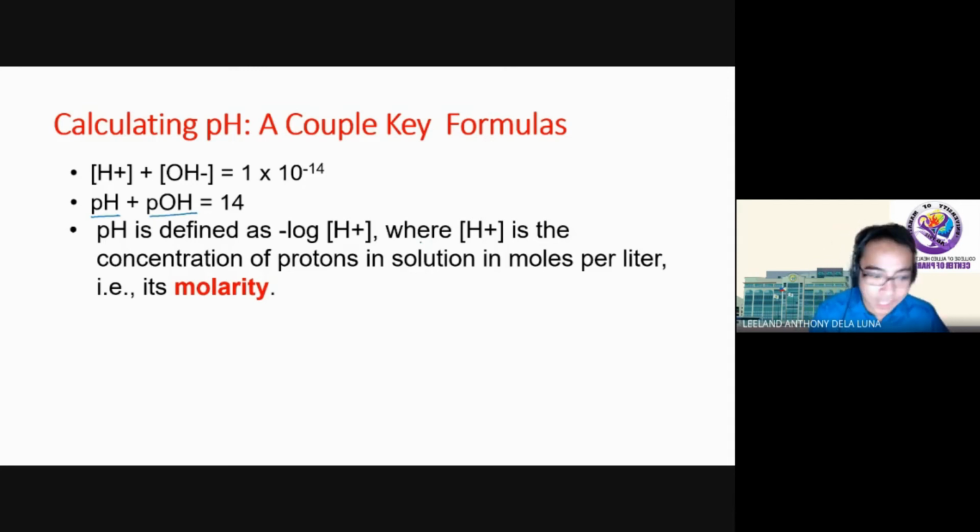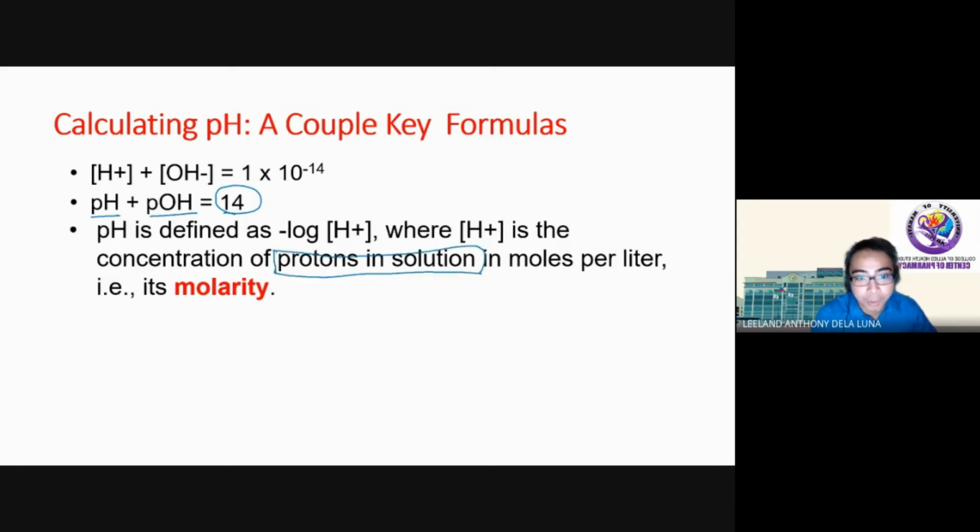Okay, now class, just so you know, the combination of your pH plus pOH should always be equal to 14. Okay, yan yung general formula. Right, so whatever, kasi di ba ang maximum range lang naman kasi ng pH natin is 14, right? Okay, so yun lang naman maximum range nun. So again, pH class is defined as negative log, where hydronium ion is the concentration of protons in a solution.